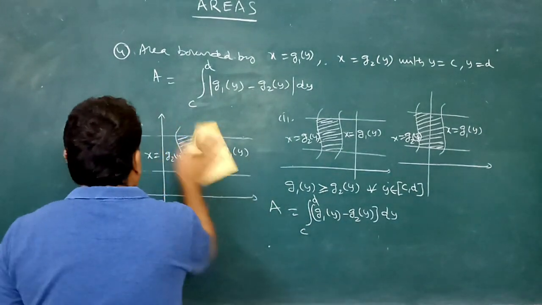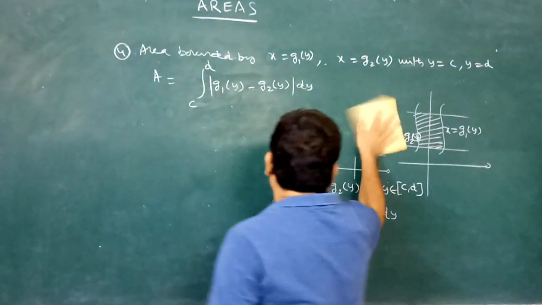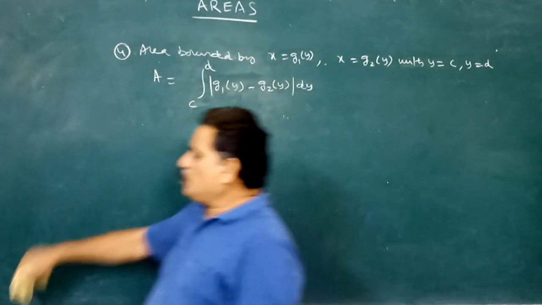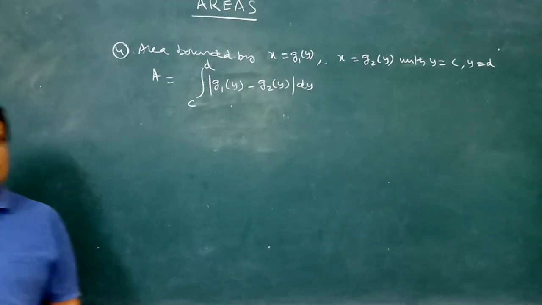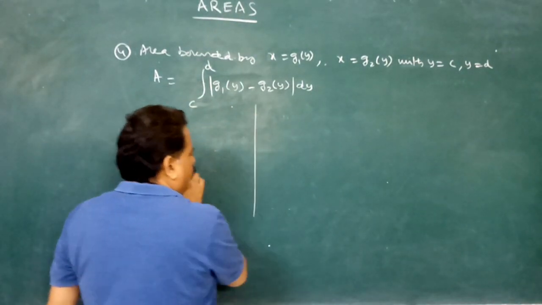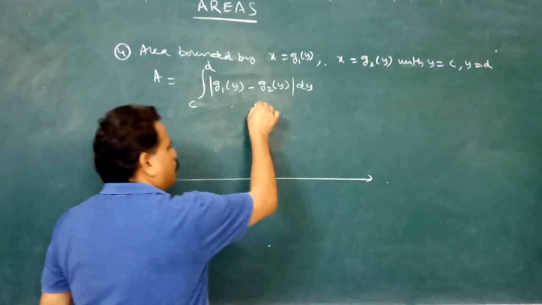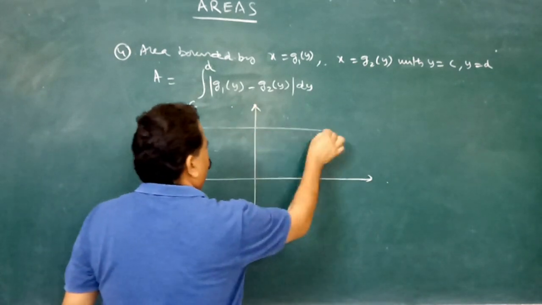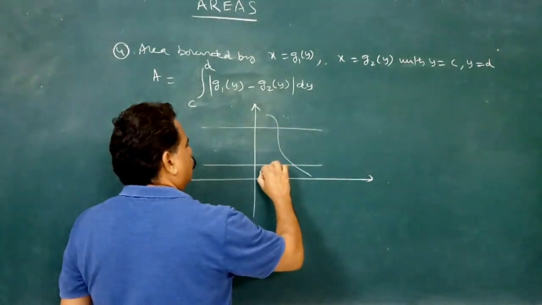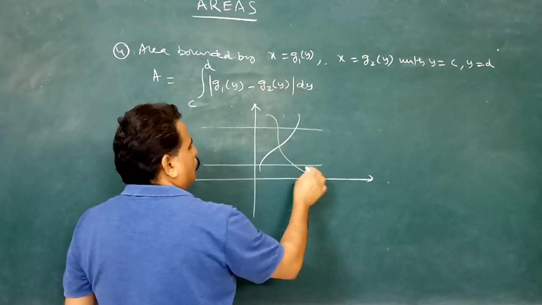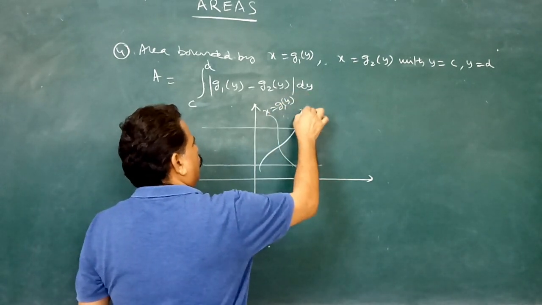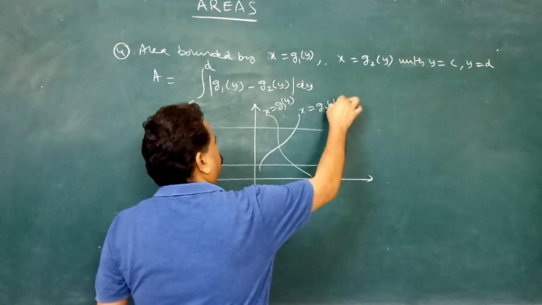If the curves intersect between the two lines, y = c and y = d, at y = e, how to find that region? Let us discuss that. It is the fourth case between c to d. This is one curve, this is another curve. Look here, this is x = g1(y), x = g2(y).